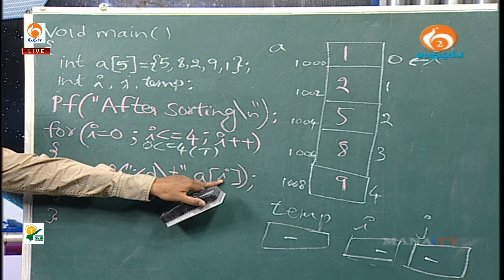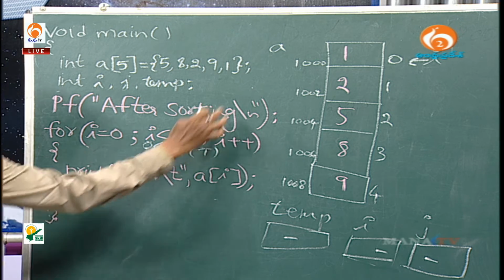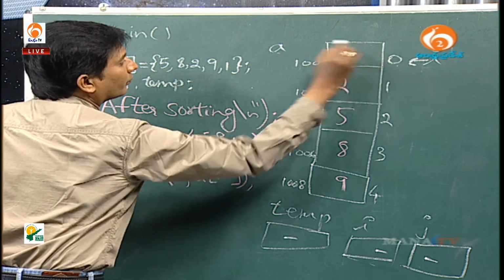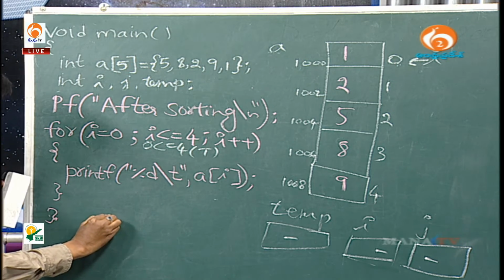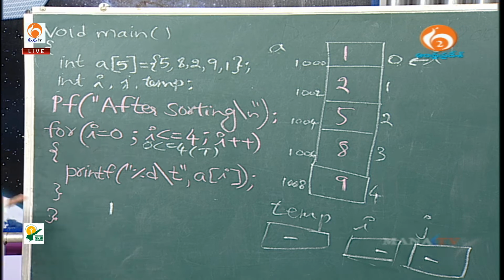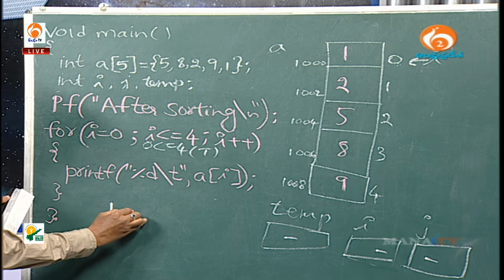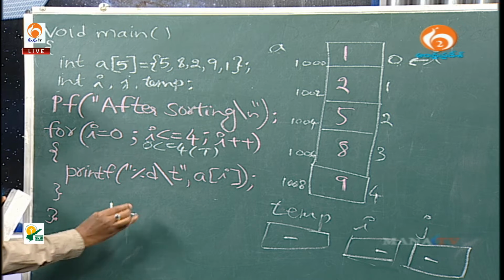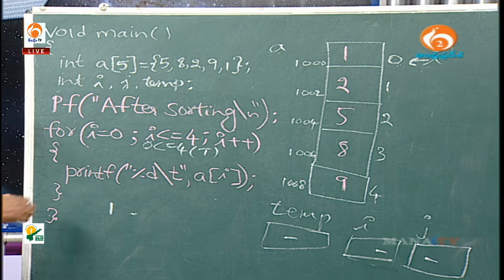A of i, the i value is 0, so A of 0 is 1. Because of the \t, I am giving tabular spaces. Next, the next iteration.